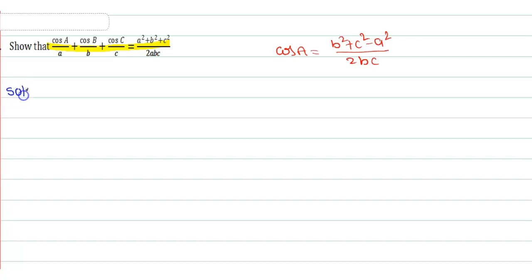proof or solution. So here I am writing summation cos A by a. Why I am writing summation: the summation goes for angle A, angle B and angle C. For all three I am writing one summation and one function. Okay now, right. This is equal to summation cos A by a. By using the cosine rule, I can write cos A as b square plus c square minus a square by 2bc.